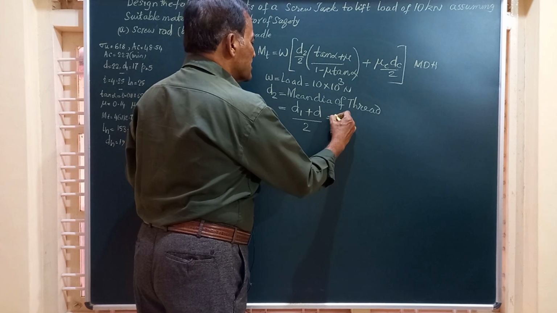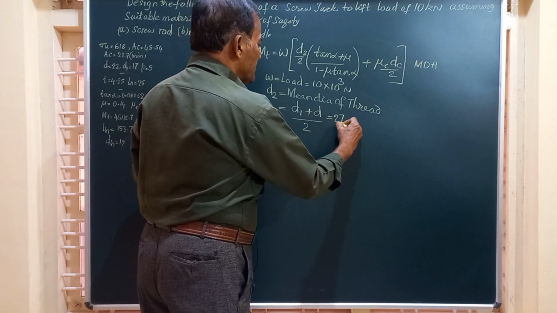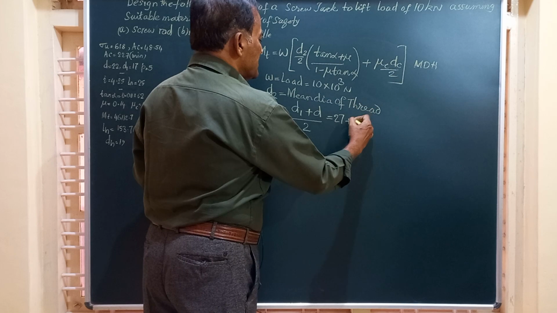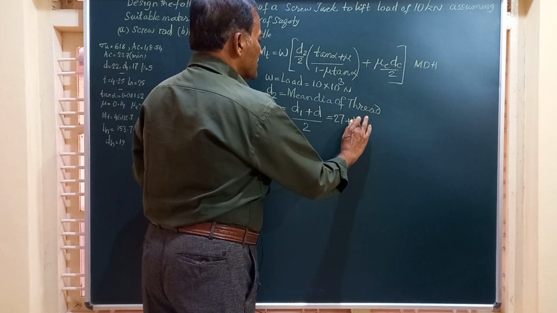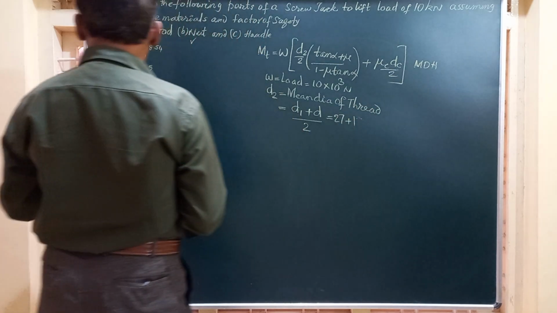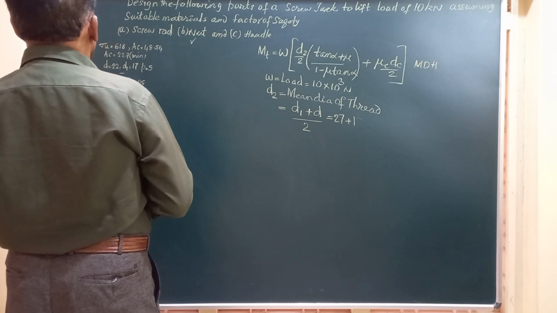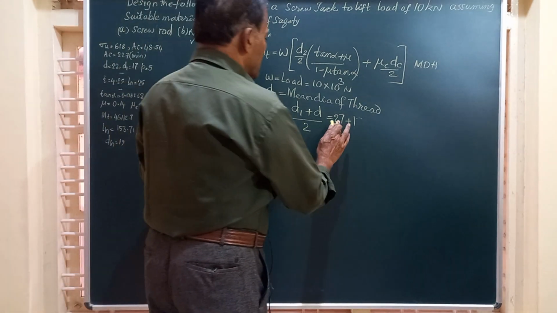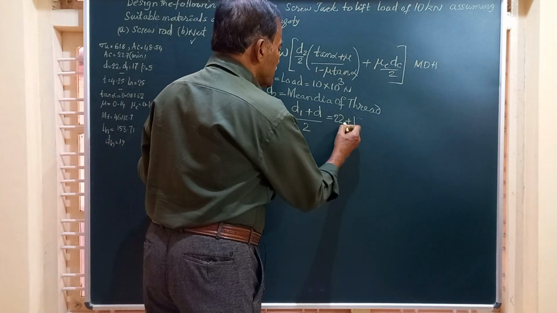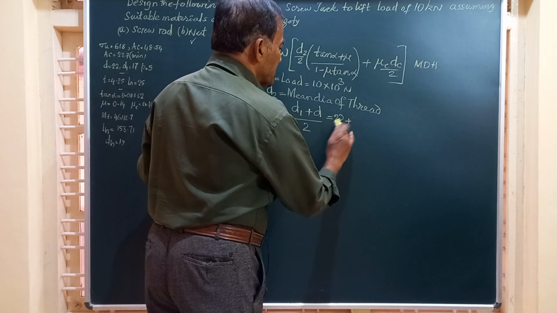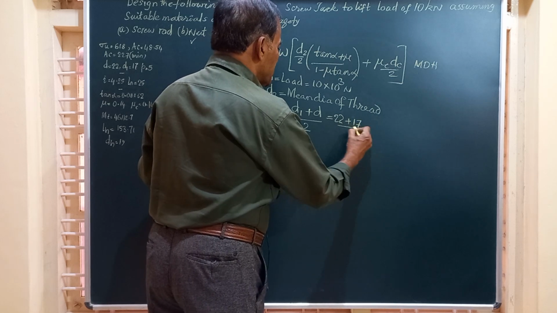Outside dia we have calculated, 27 and... sorry, this is 27. Yeah, 22 and 17, not 27. This is 22 and this is 17, divided by 2.